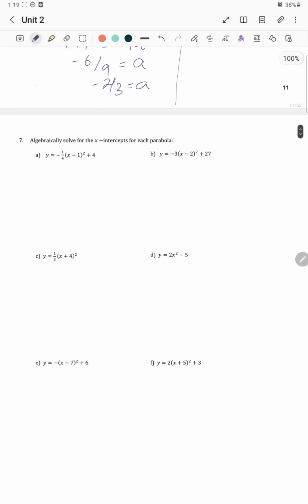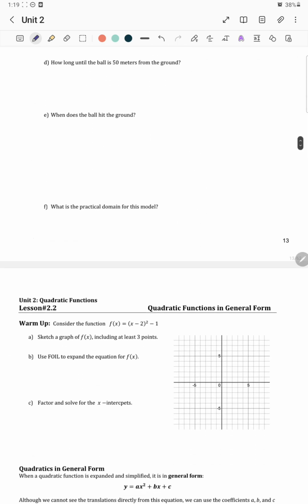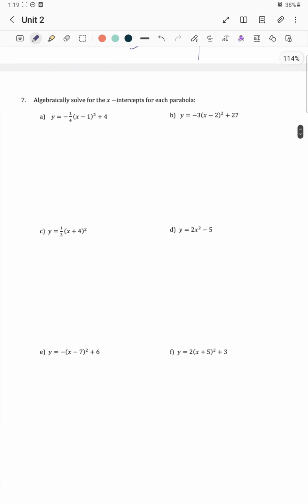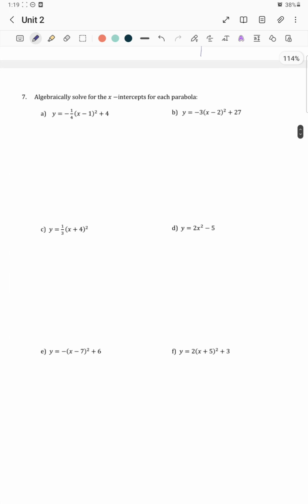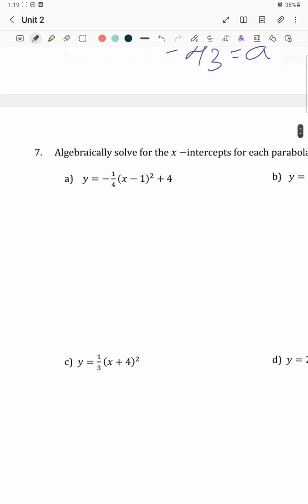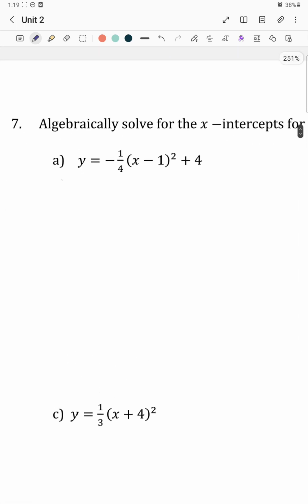Done with it. How many pages are left? Okay. Algebraically solve for the x-intercepts for each of the parabola. So to find the x-intercept, you know what we need to do. We just need to put y is equal to 0. So 0 is equal to minus 1/4 (x minus 1) whole square plus 4.